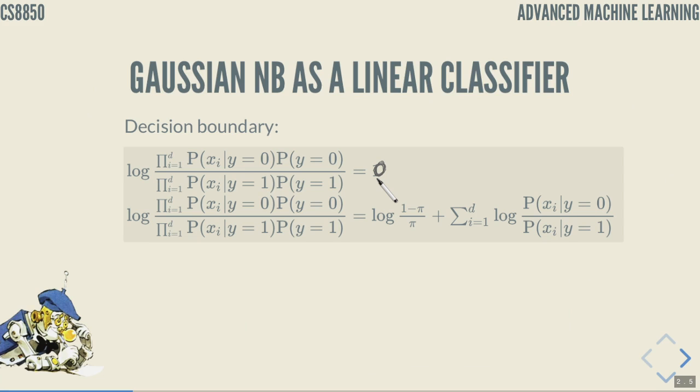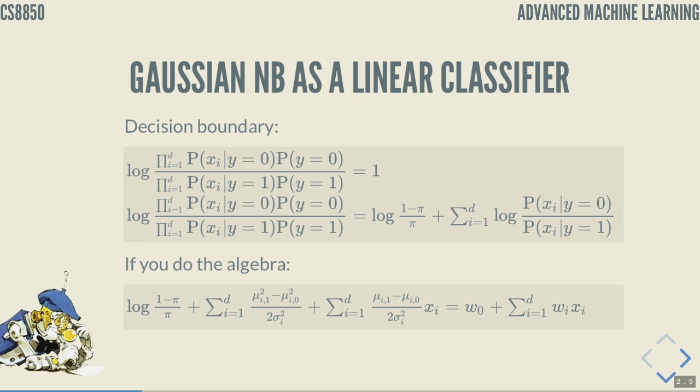Now, if we follow through with the algebra and plug in the actual parametric form of our likelihoods for class 0 and class 1, specifically relying on the fact that the variances are the same, or class independent, then after doing the algebra, we'll get the following.